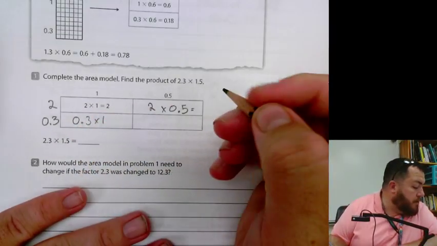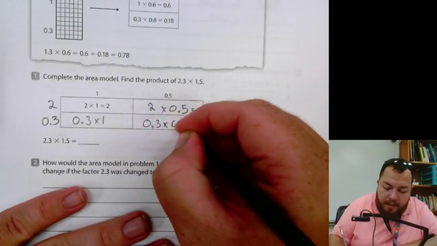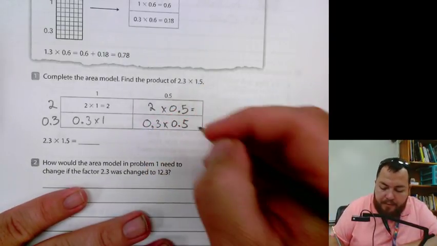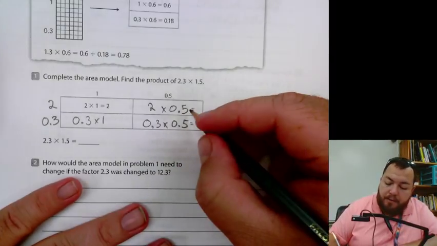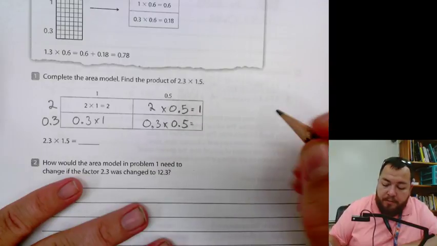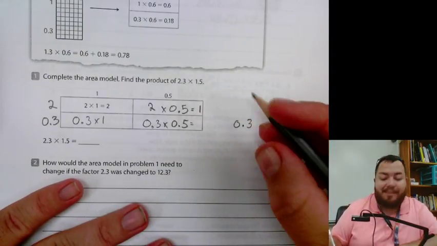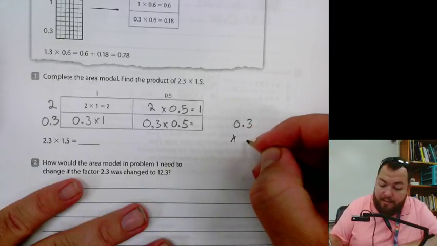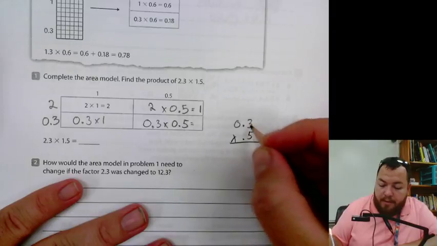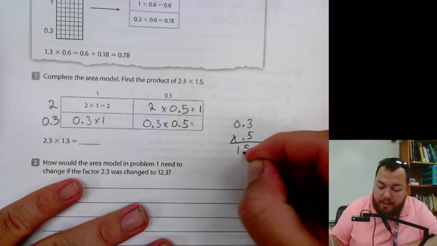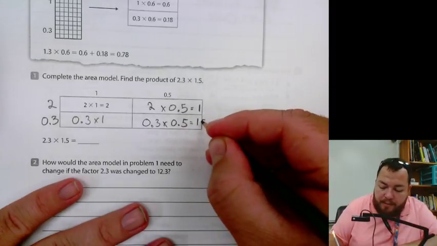And then we're going to have 3 tenths times 5 tenths. Okay? So when we work this out, half of 2 is 1. And if we go over here, we do 3 tenths times 5 tenths. 5 times 3 is 15. 2 numbers behind the decimal give us 15 hundredths.